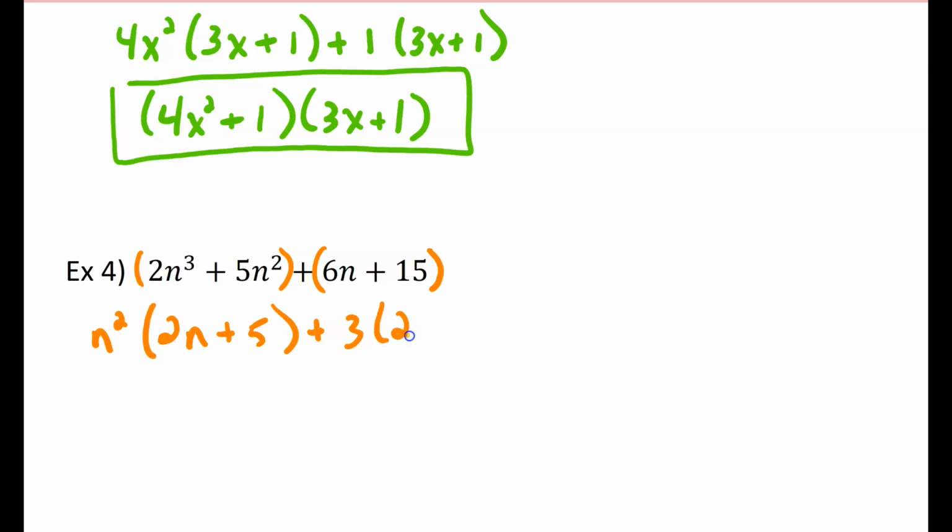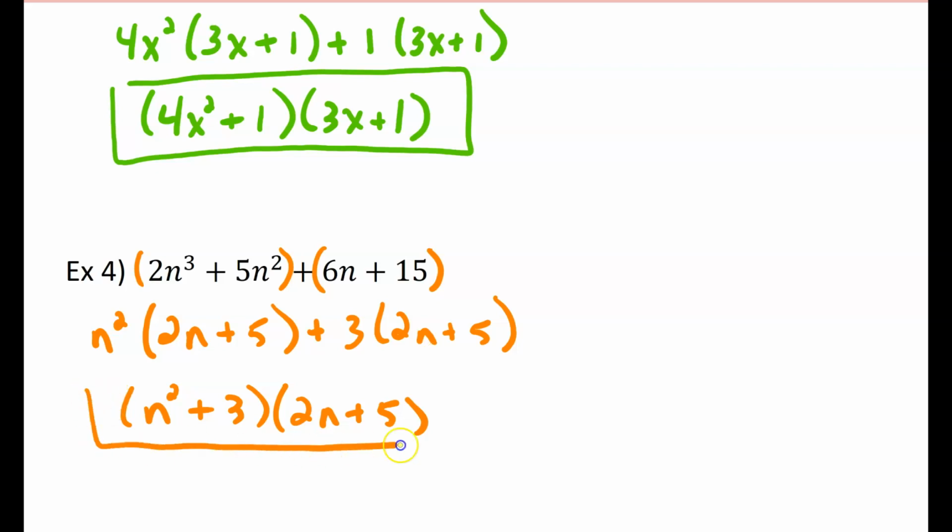And that'll leave me with 2n plus 5. And then we can see, okay, this one does work, factor by grouping. And I'll factor out that 2n plus 5 so that I have n squared plus 3 times 2n plus 5 left. And can either of those be factored any further? No. So we are finished with that one.